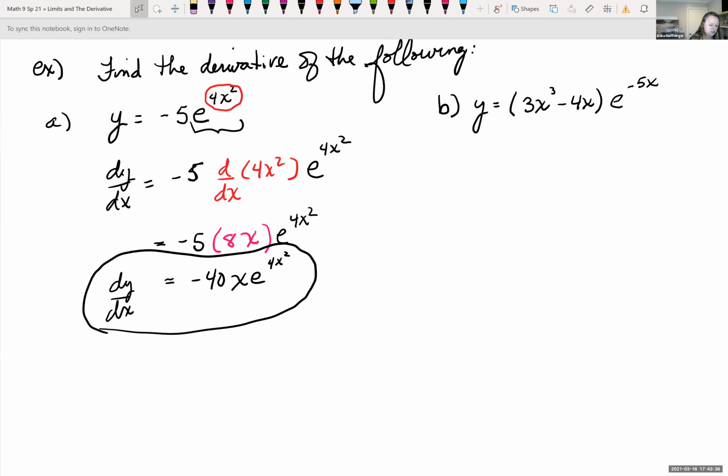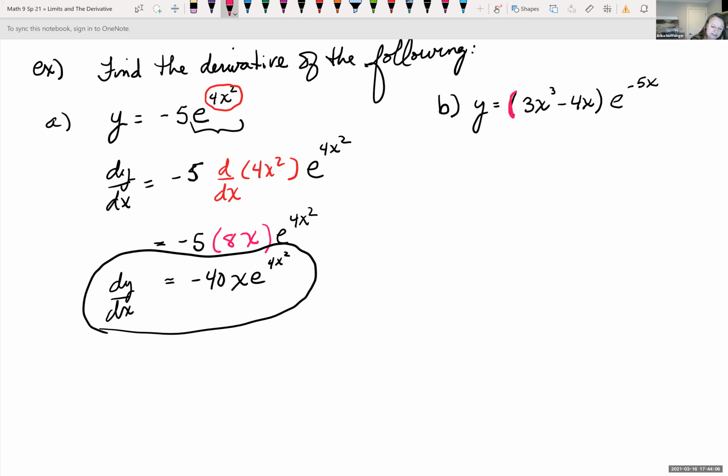And again, we want to find the derivative of this. So I notice a couple of things. I could distribute that e to the -5x, but if I distribute it, then I'm going to have to use the product rule for the first piece minus the product rule for the second piece. Whereas if I just leave it like this without distributing it, I'd only have to use the product rule once.